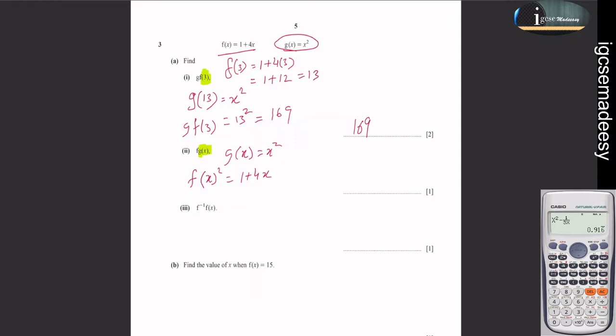So x value is now x square, right? So we'll put that in this equation. So 1 plus 4 into x square. So yeah, final answer will be f of g of x is 1 plus 4 into x square.